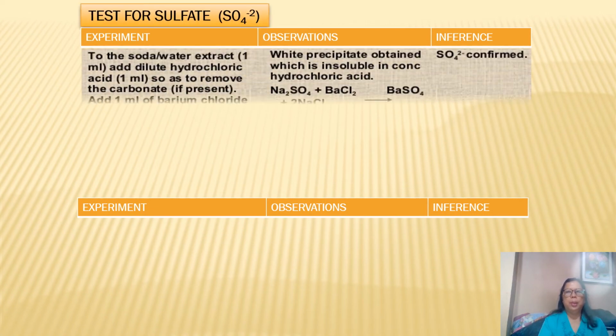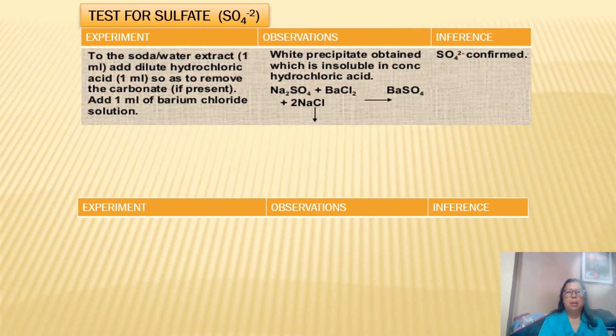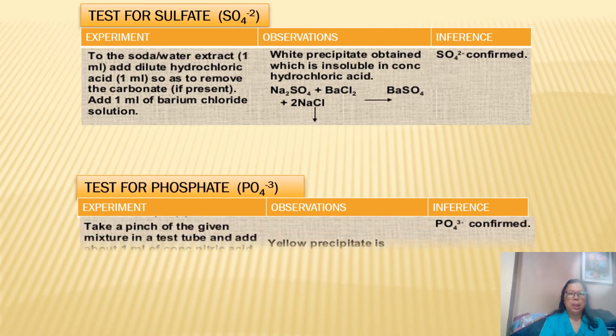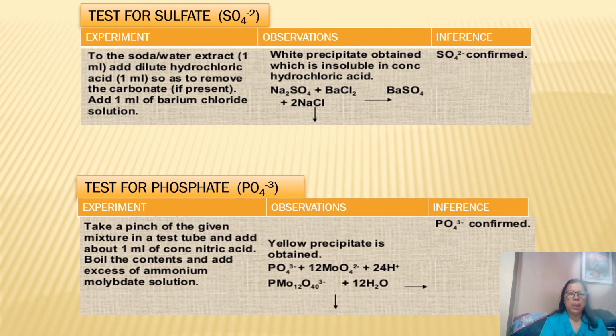And then for the test of sulfate, upon the addition of sulfuric acid and the addition of barium chloride will give a white precipitate. And then for the test of phosphate, upon the addition of nitric acid, take note, nitric acid is added here.